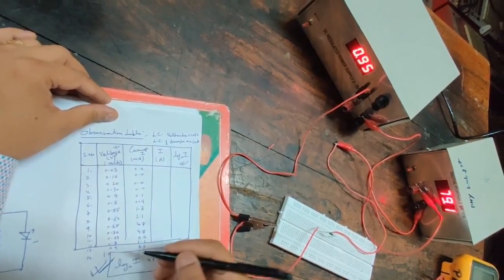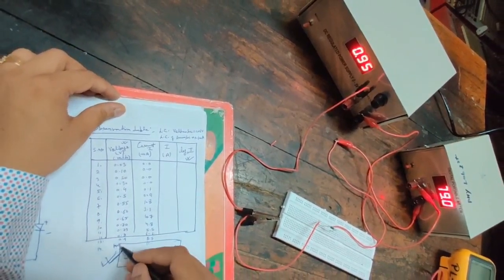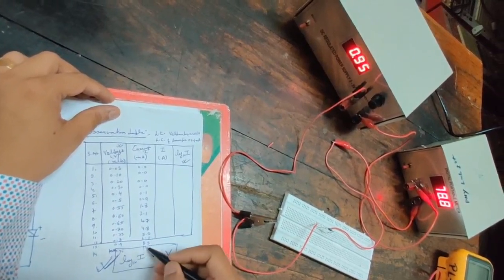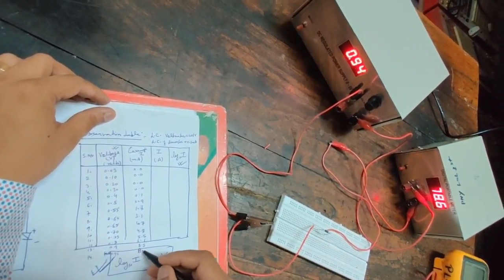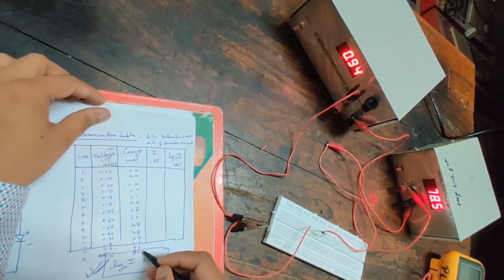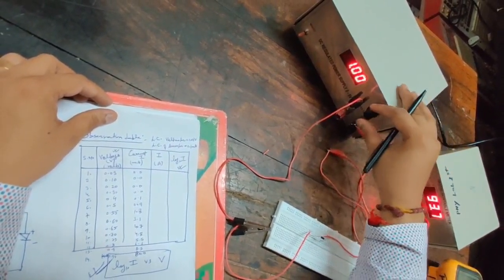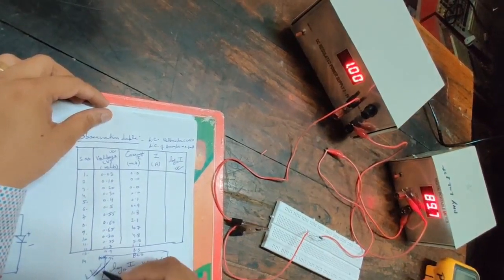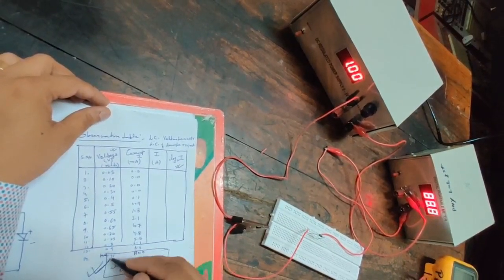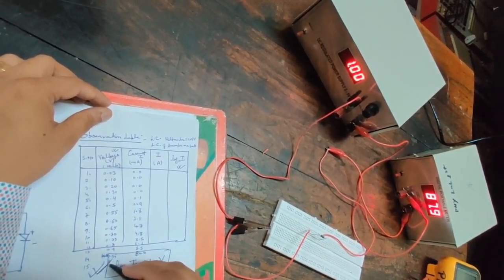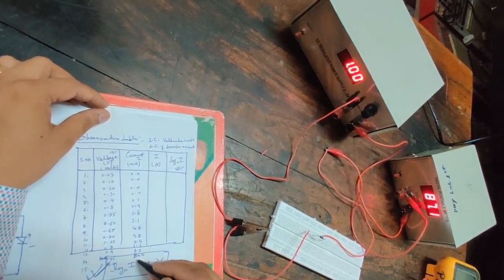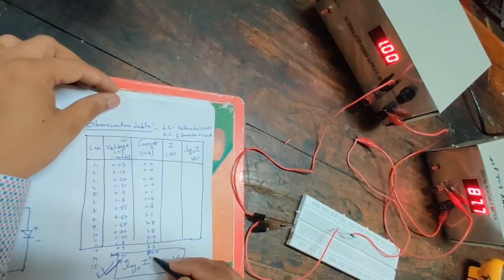Okay, let me take two more readings. At 0.95 it is coming around 80, and at exactly 1 it is 90 around. So the last reading I can take is 1.0, which is 90 around.